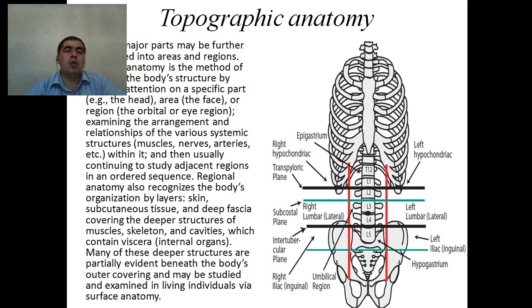Regional anatomy also recognizes the body's organization by layers: skin, of course, the subcutaneous tissue, and deep fascia, covering the deeper structures or muscles, skeleton, and the cavities, which contain the viscera.